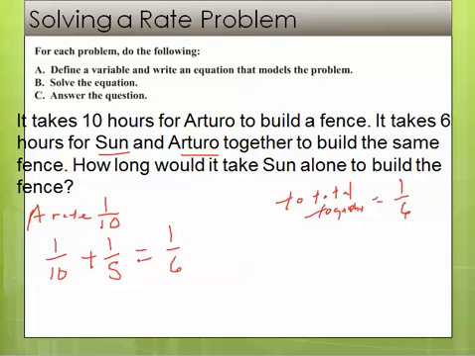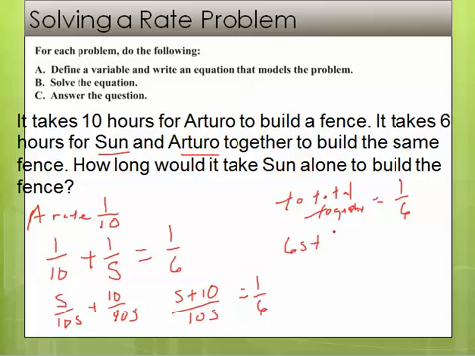You know what? This is a polynomial type problem. I need to make certain I've got common denominators here. This is going to be s over 10s plus 10 over 10s. And when I add those together, I get s plus 10 over 10s. And that's equal to 1 over 6. Cross multiply. What do I get? I get 6s plus 60 equals 10s.